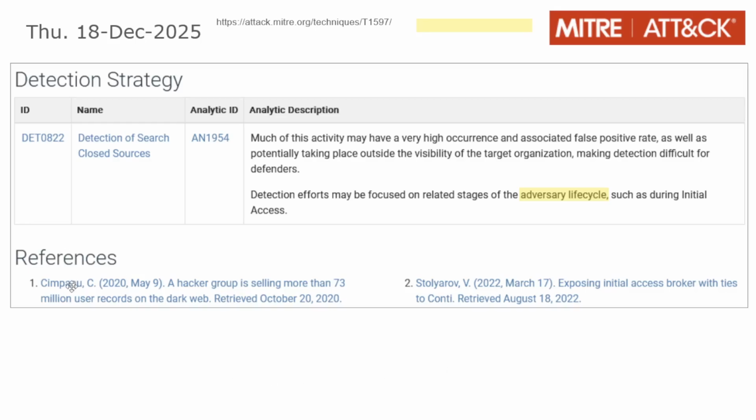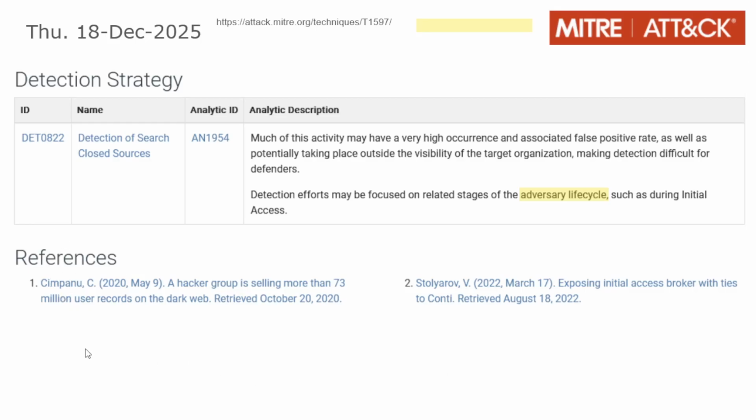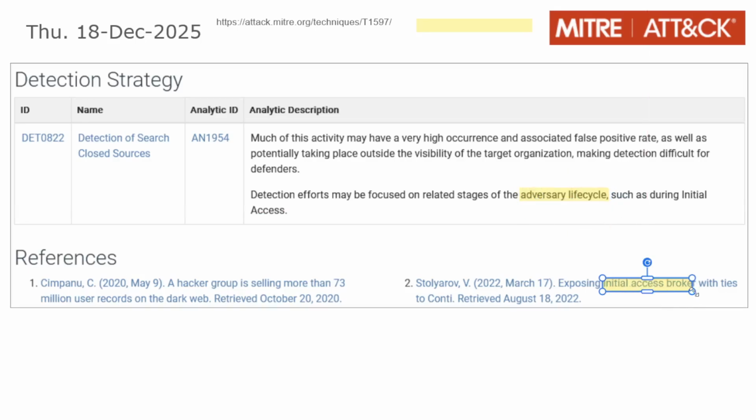But let's see what references we have here. Kipmanu C, a hacker group, is selling more than 73 million user records in the dark web, 2020. And here you have Stilarov V, exposing initial access broker. I like that terminology here. Initial access broker.